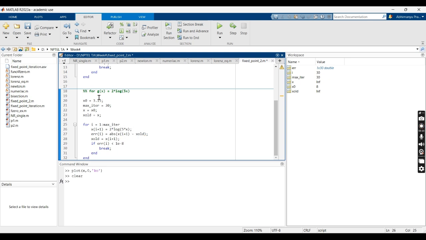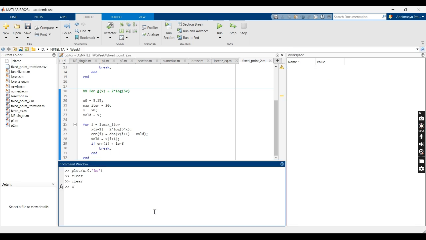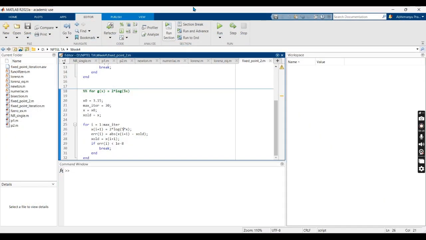Rest of the thing remains the same. I will clear the screen. Yeah, run this section.